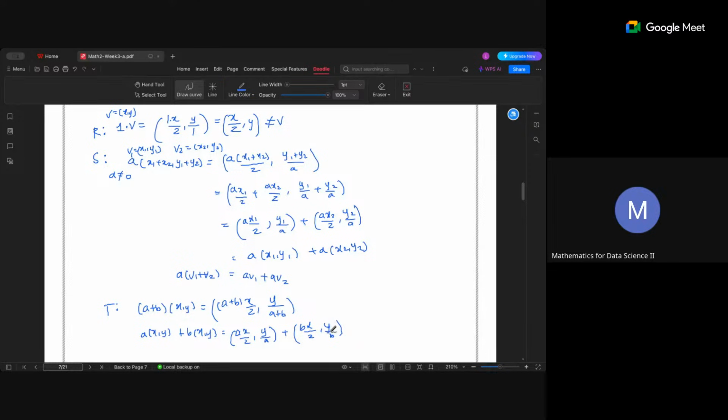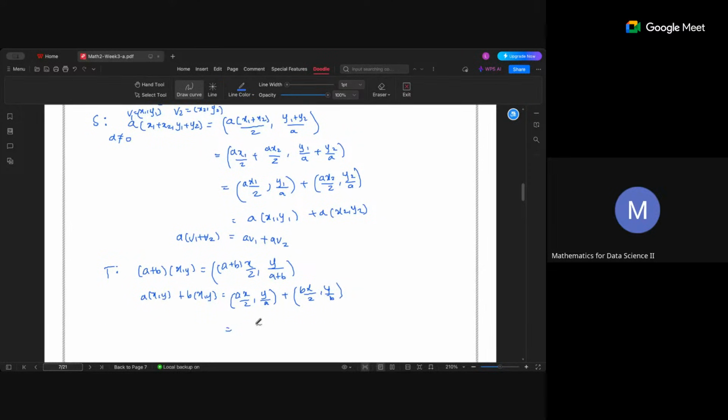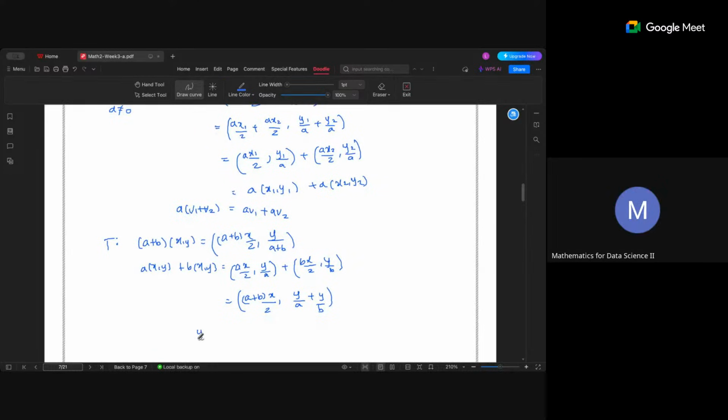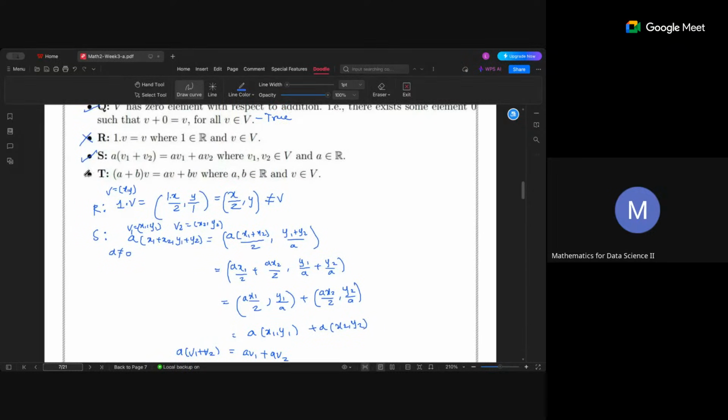When you add them up, you get ((a plus b) times x by 2, y by a plus y by b). What about y by (a plus b) and y by a plus y by b? Are they the same or different? Different. So they are not equal, and option T is incorrect.